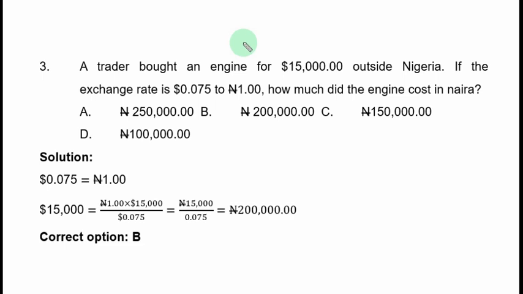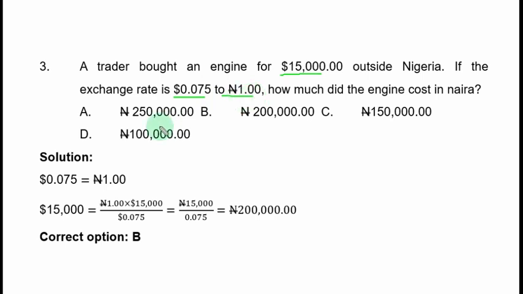Question 3. A trader bought an engine for $15,000 outside Nigeria. If the exchange rate is $0.075 to 1 naira, how much did the engine cost in naira?